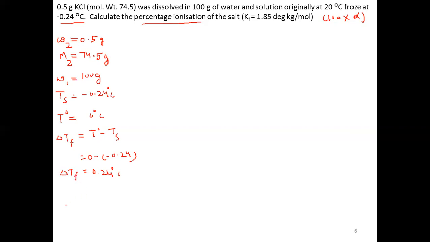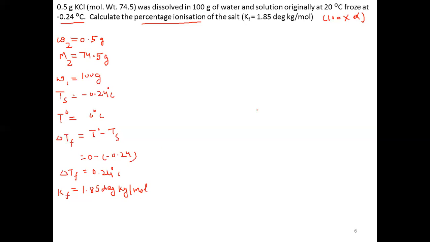We are also given value of Kf. So Kf is given 1.85 degree kg per mole. Okay. So now we have to calculate percentage ionization, which is 100 times alpha.